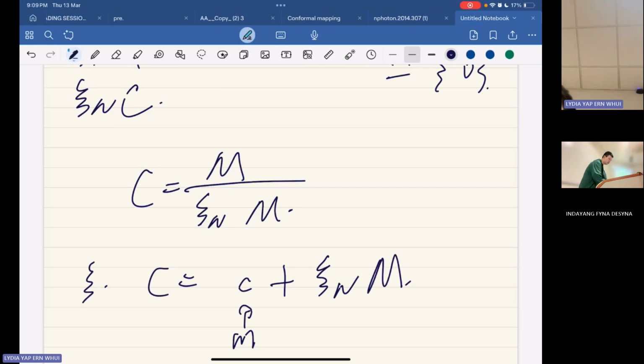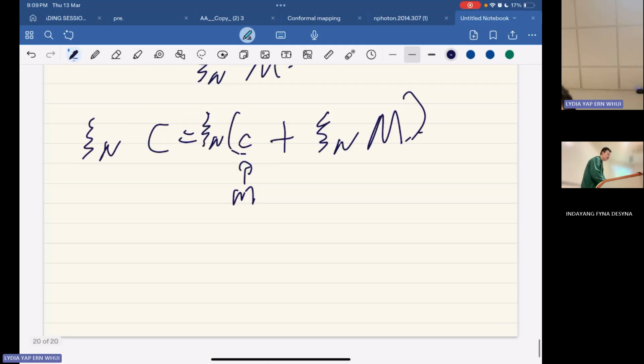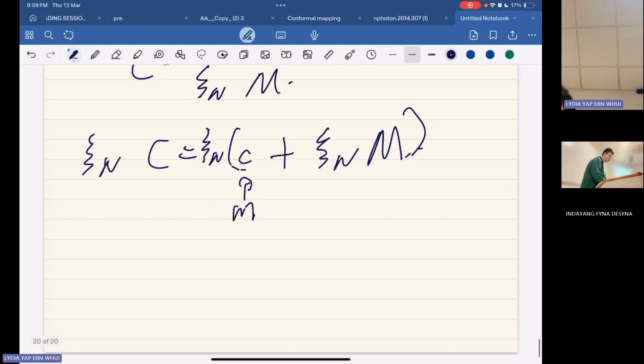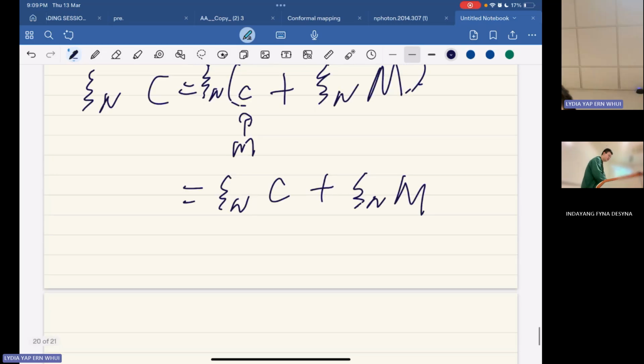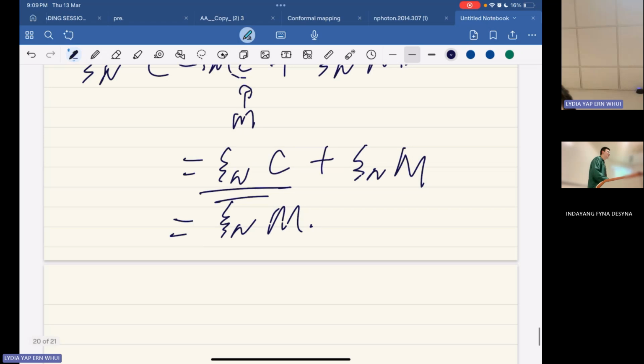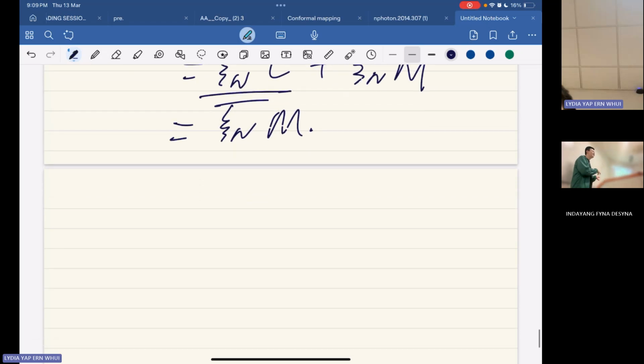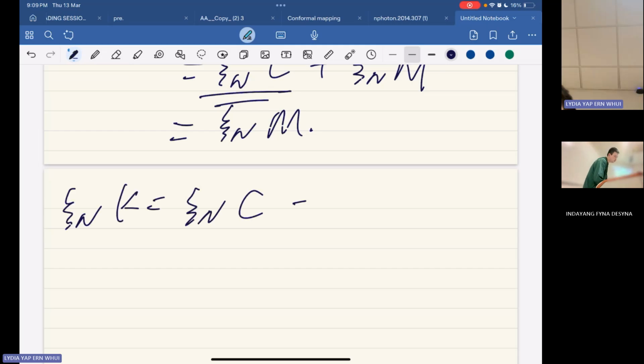If we multiply x_n on it, then it should be x_n times these things. By definition of our quotient module, this equals x_nc plus x_nM. And we can see that this is just x_nM, right? Because x_nc lives in x_nM. This is called the TFAE statements in abstract algebra 1. And so we can see that if we act with x_n on everything in C, it should be just 0. So we see that x_nK equals x_nC equals 0.